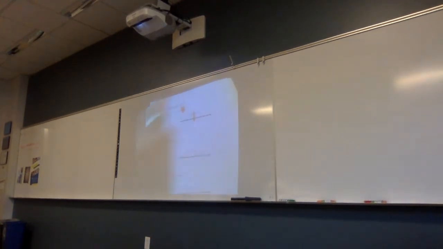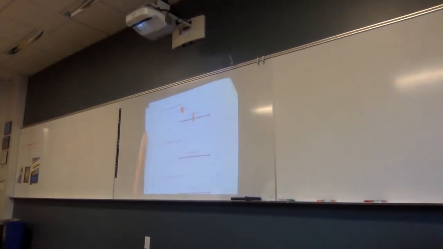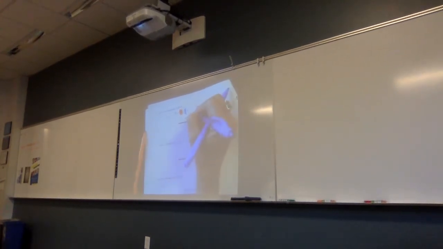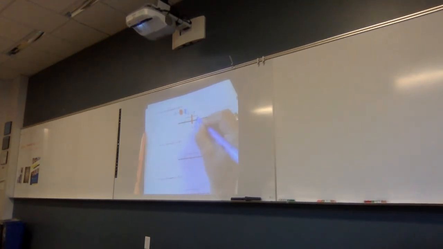So I'm at negative 2. Now, I'm looking at all x values that are greater than 3 units away. So I'm going to go 3 units to the right, 3 units to the left, and from those points, I will shade everything that is greater than those 3 units away.